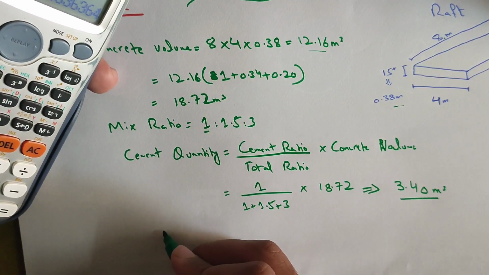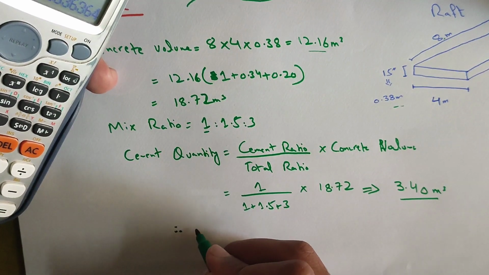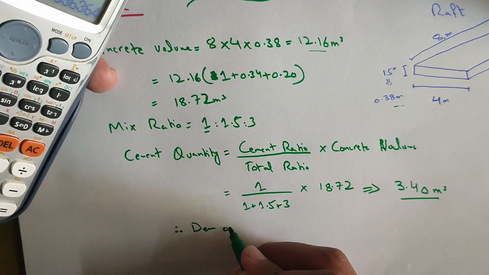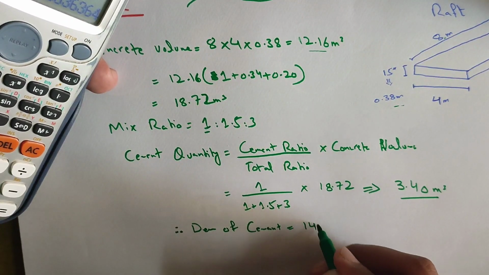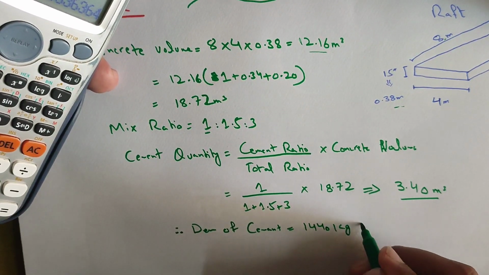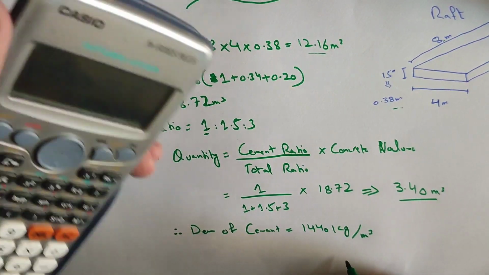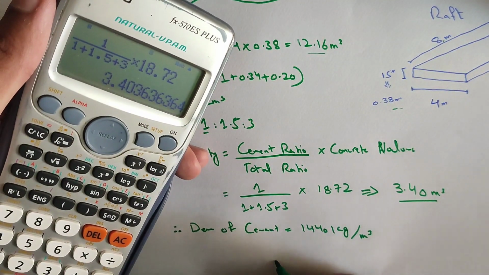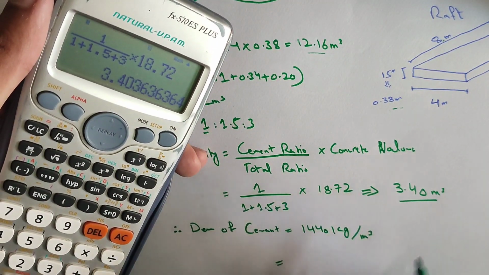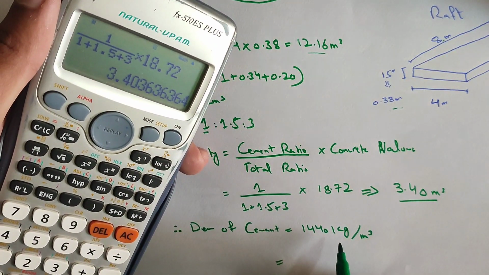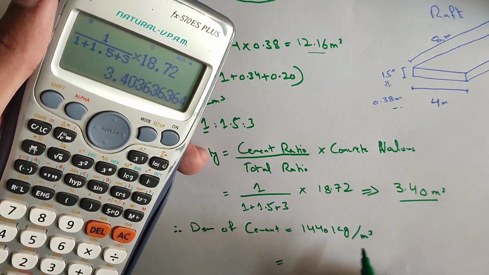So we know that the density of cement is 1440 kilogram per meter cube. So what we need is 3.40 meter cube, and the density of cement is 1440 kilogram per meter cube.